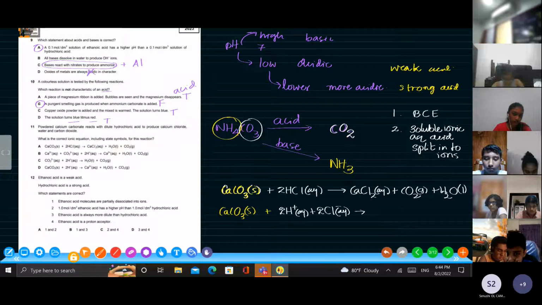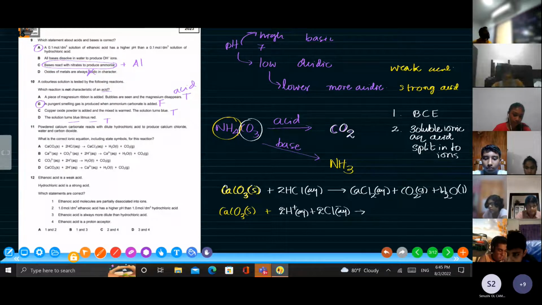Okay, so you can split into the two ions. Is that clear? You understood how the reactants are split into ions?